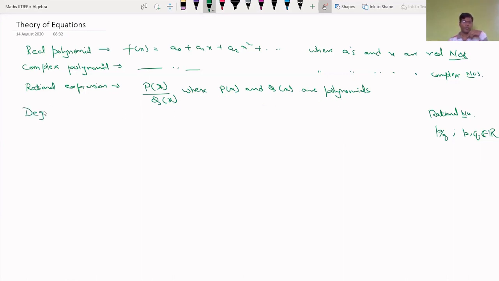Next is degree of polynomial. If we have a naught plus a1x plus a2x square, and so on till an x power n, then n is the degree of this polynomial.